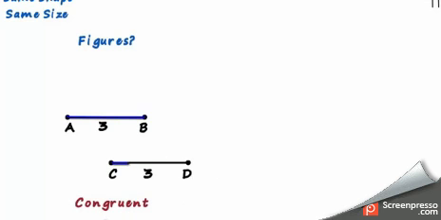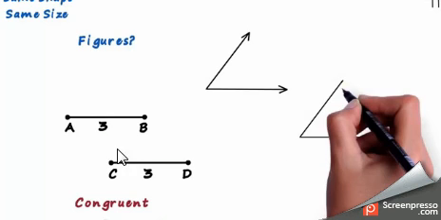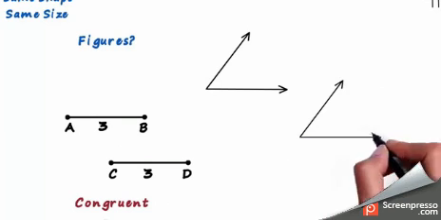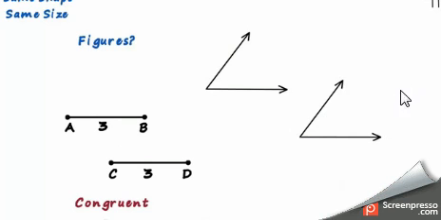Now they have the same unit so that they will be congruent. Now we go to what is this, mister? This is an angle, mister. How can I know these two angles are congruent or not? Attention with me.